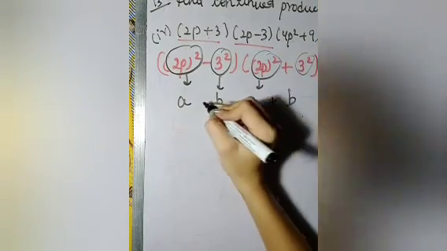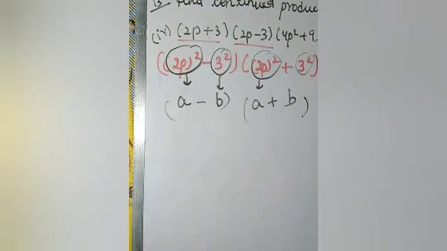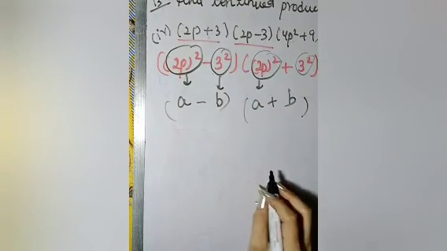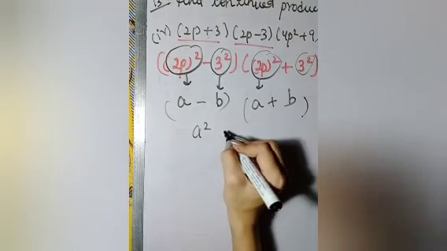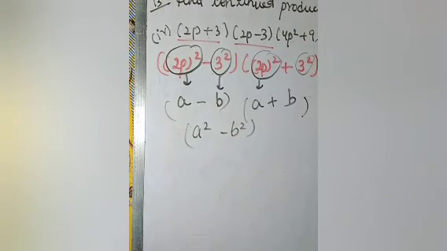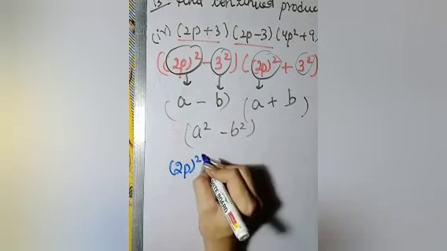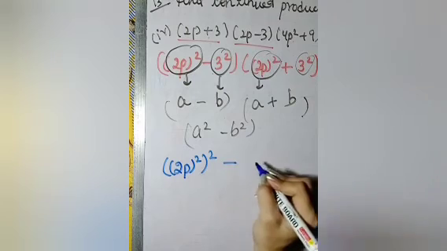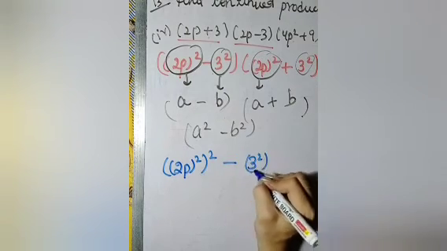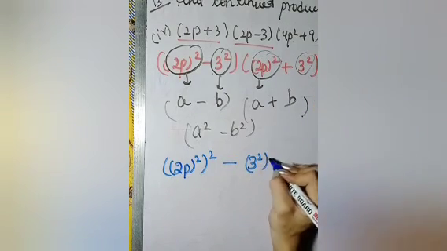This is (a minus b)(a plus b). Again we can write it as a square minus b square. Now what is a? a is (2p) square, so we square it also, minus b, which was 3 square, square of this also.